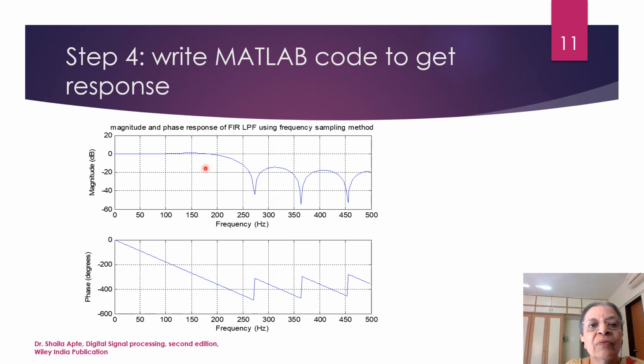Now, in this case, we have considered h0 is equal to 1, then h1. Now, corresponding sampling frequency. What is the sampling frequency? Sampling frequency is, let us say, 1000. So, in that case, what will be the corresponding case?